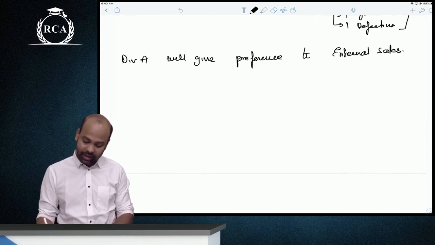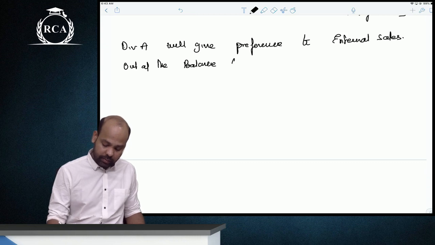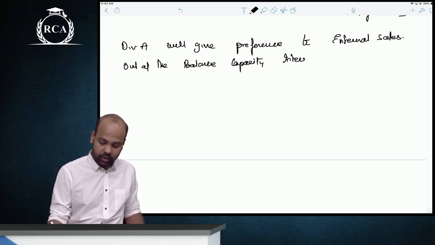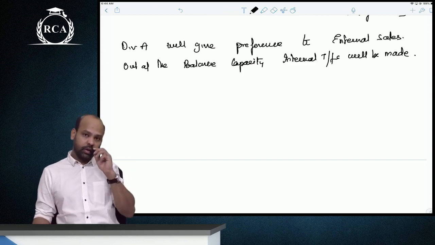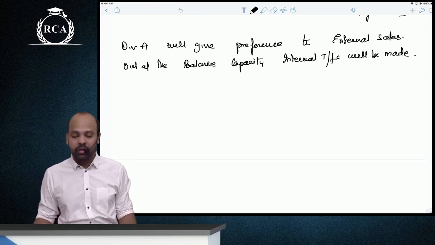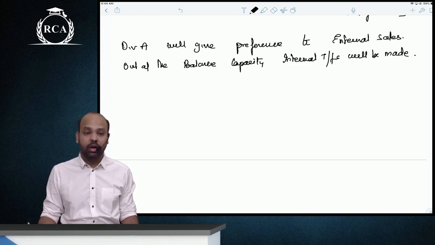Out of the remaining capacity, out of the balance capacity, internal transfers will be made. Are we clear about this? Yes, sir. We are very clear about this. So guys, Division A will give preference to external sales, and out of the balance capacity, internal transfers will be made.